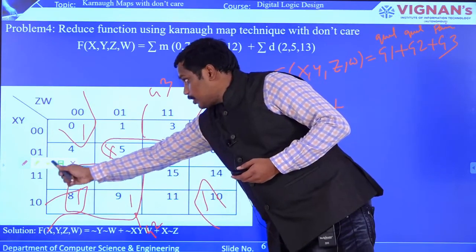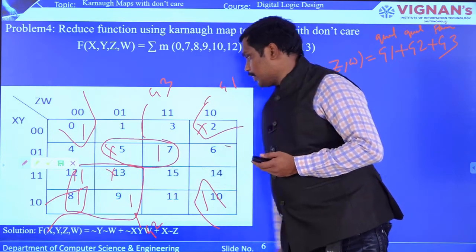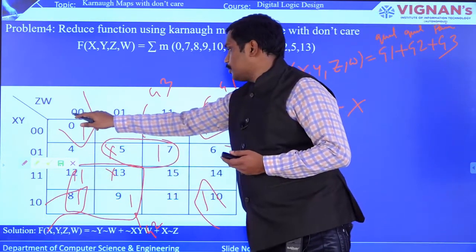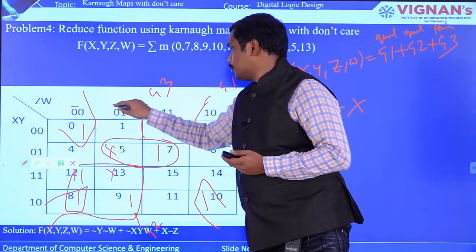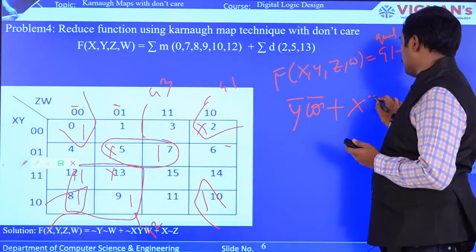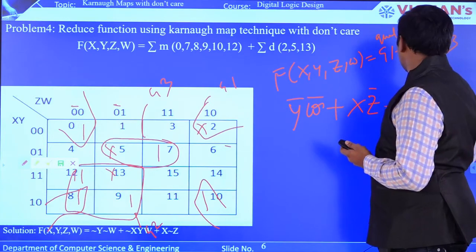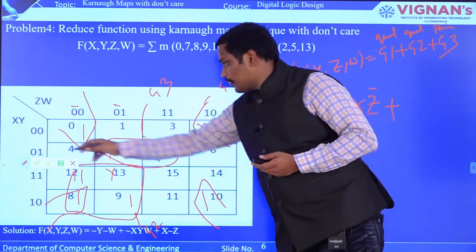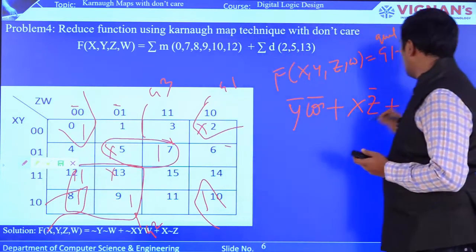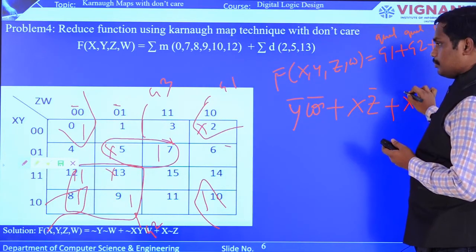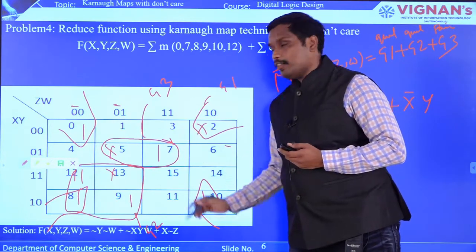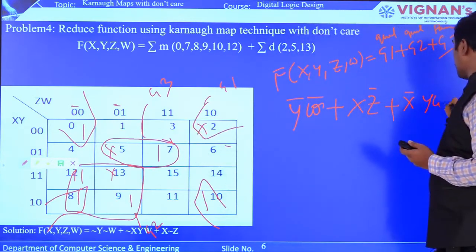Here you can see the commonality of row and column, that is X, and for column it is 0, 0, which is represented with Z bar, and then for G3, which is a pair, that is having a common row, which is X bar Y, and then the commonality for the column is 1, which is W.